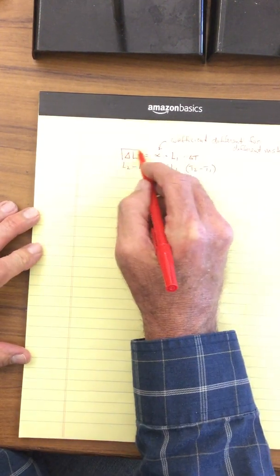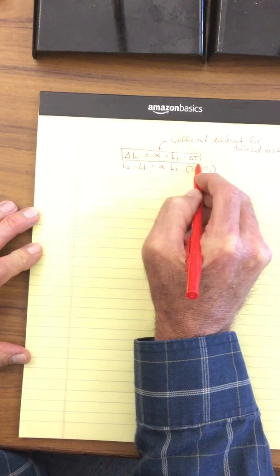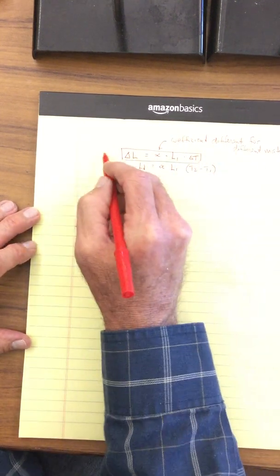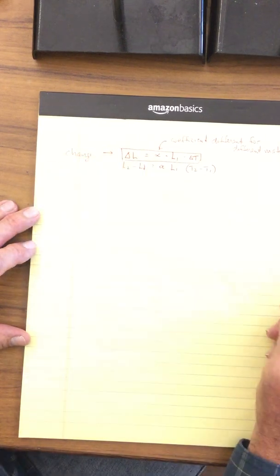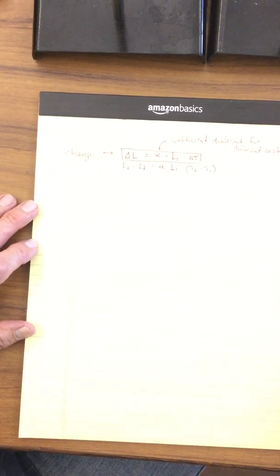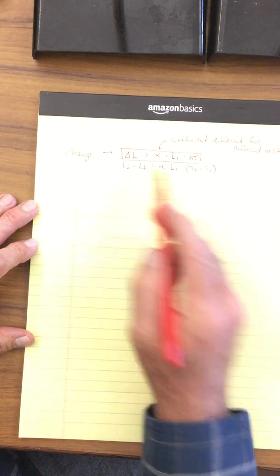So this is a master formula to use. This is asking the change in length. But sometimes there might be a question, what is the final length going to be? So with that, you need to know what your initial length is.